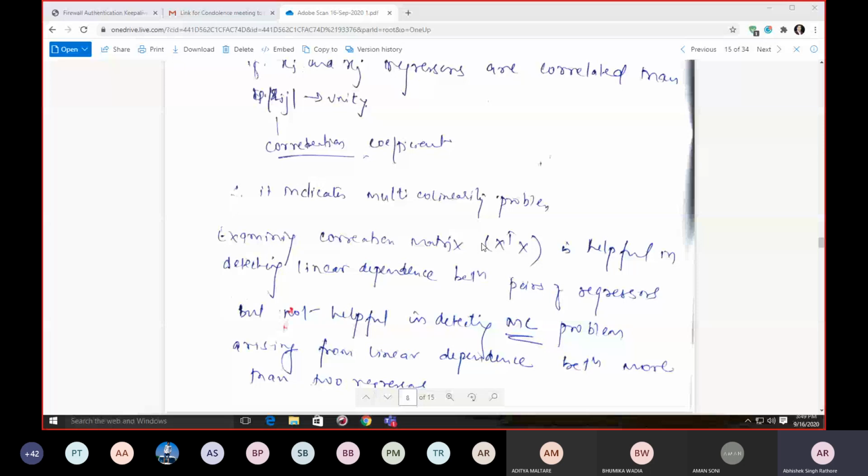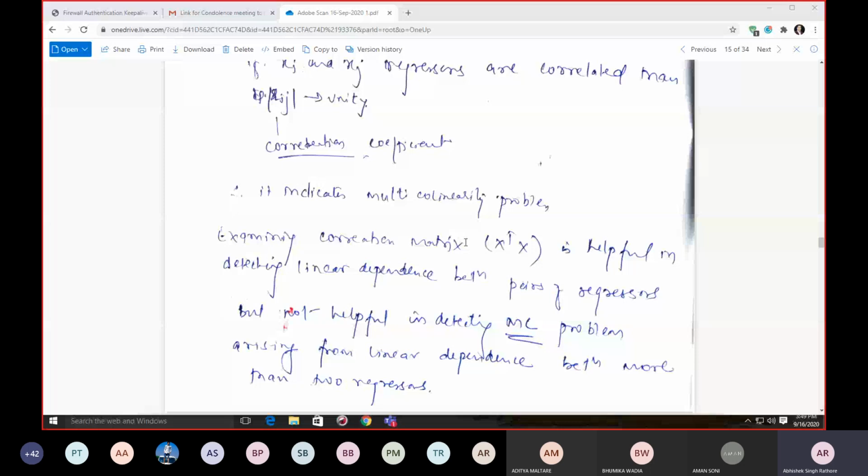When you examine this correlation matrix, it is helpful in detecting linear dependence between two regressor variables. But when we have a linear dependence among more variables, let's say x1 is equal to x2 plus x3 by 2, then in this case we are unable to detect the linear dependence among more than two regressor variables.